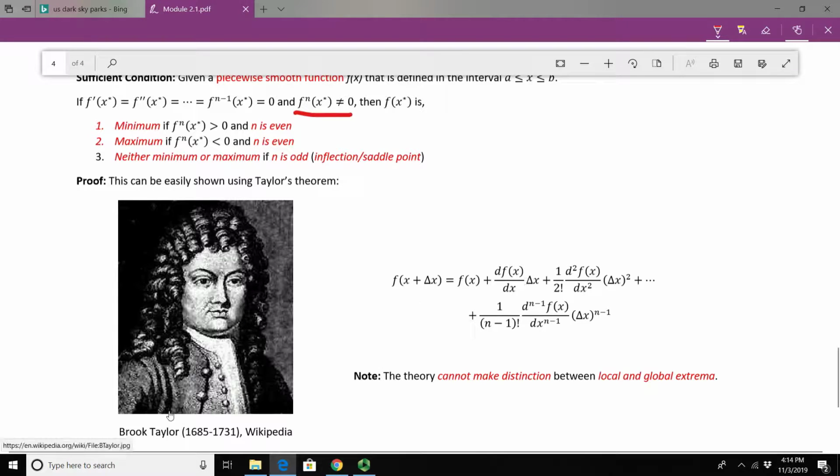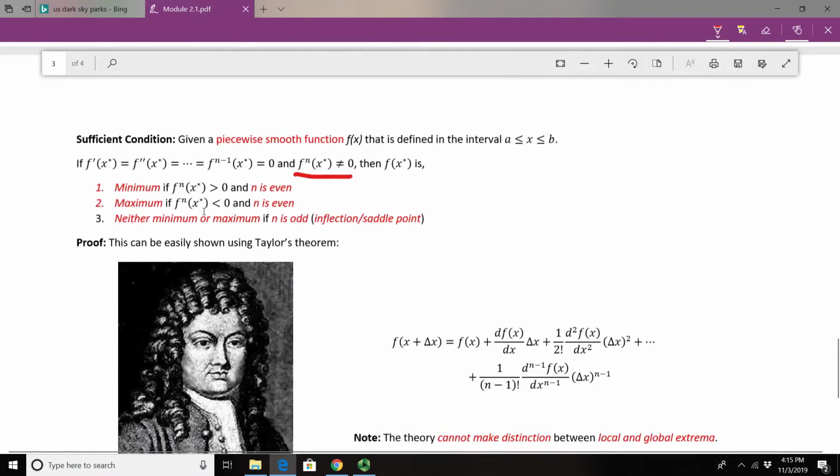And Taylor, who is here, again from the British school like Newton, but after him, said I can say that at a point away from the reference point by delta x, I will see f(x) plus df/dx times delta x plus 1 over 2 factorial times the second derivative times delta x squared, etc., etc. And if you have an infinite number of terms, you will have the exact value. So let's see how this applies here.